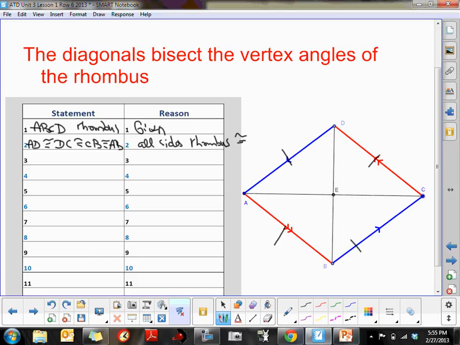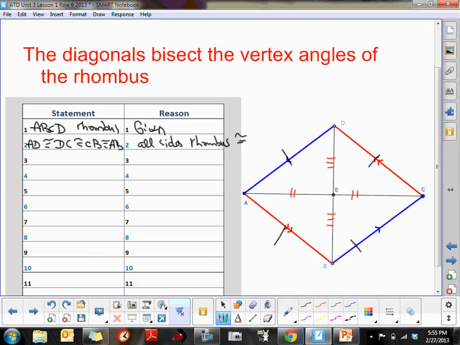Some people maybe would put the definition of a rhombus. That wouldn't be too far off. It's one of the acceptable definitions of a rhombus. It's a parallelogram with four congruent sides. So we have that, and then from the idea that it's a parallelogram, we now know that the diagonals bisect each other. So I'm going to write both of these.